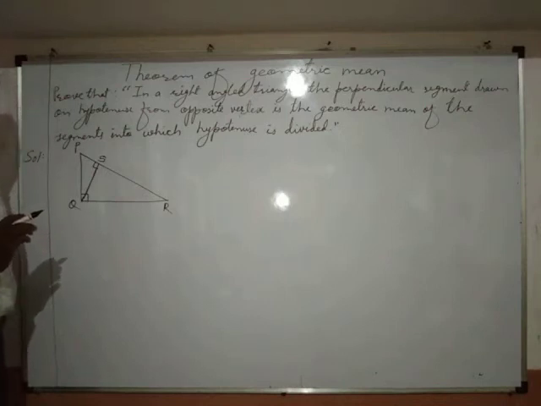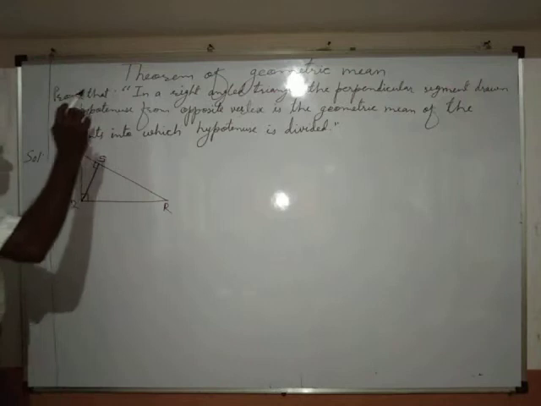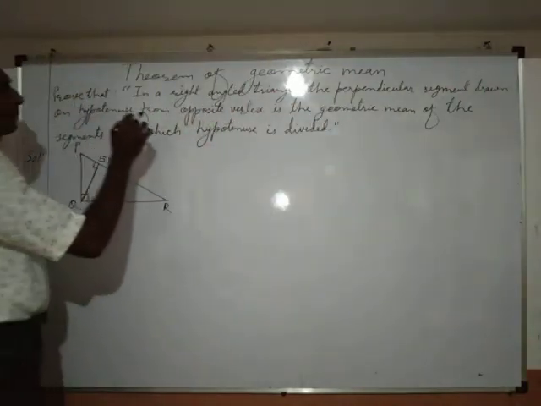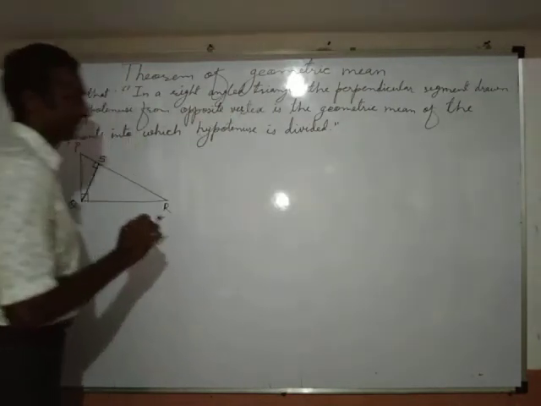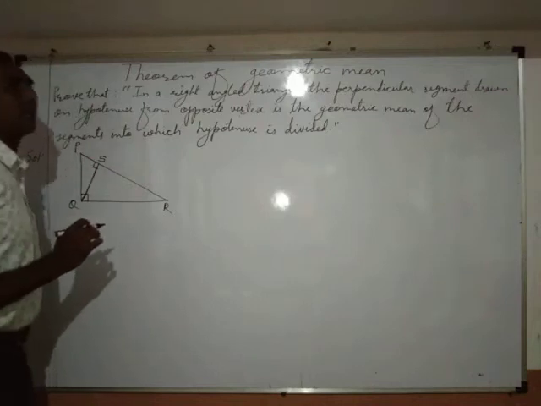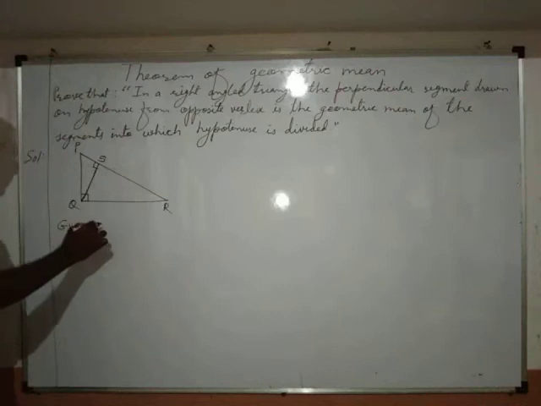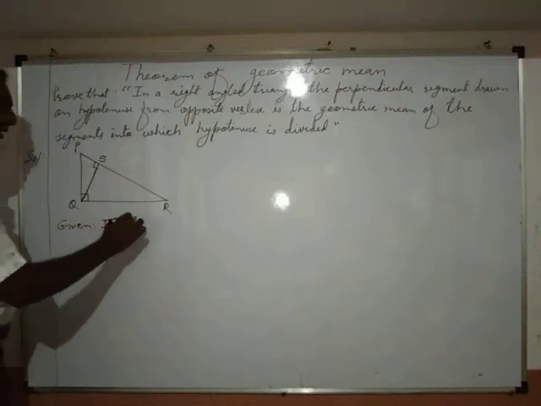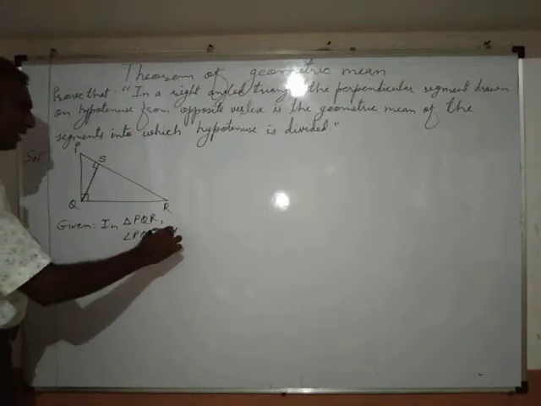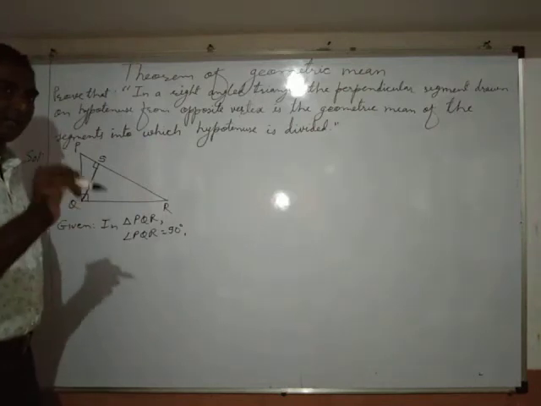This is the situational diagram. The antecedent part of this statement tells us: in a right angle triangle, the perpendicular segment drawn on a hypotenuse from the opposite vertex. This is the antecedent part, and we write it as given. Given: in triangle PQR, angle PQR equals 90 degrees, means triangle PQR is a right angled triangle.